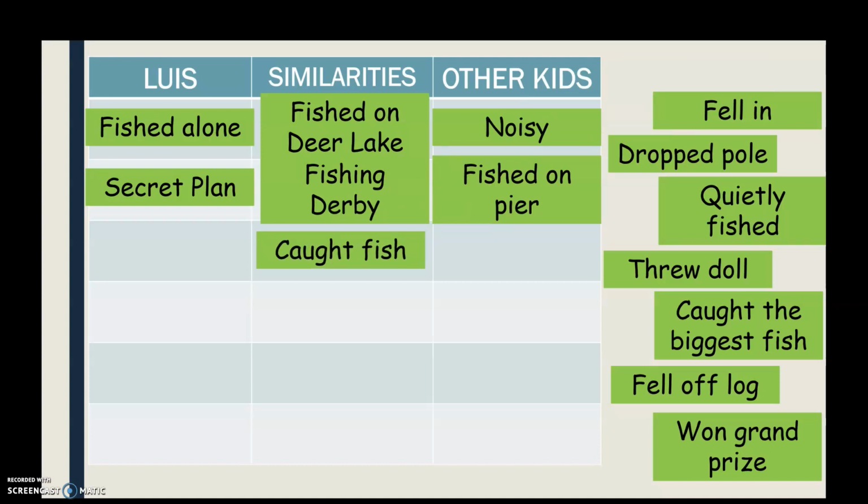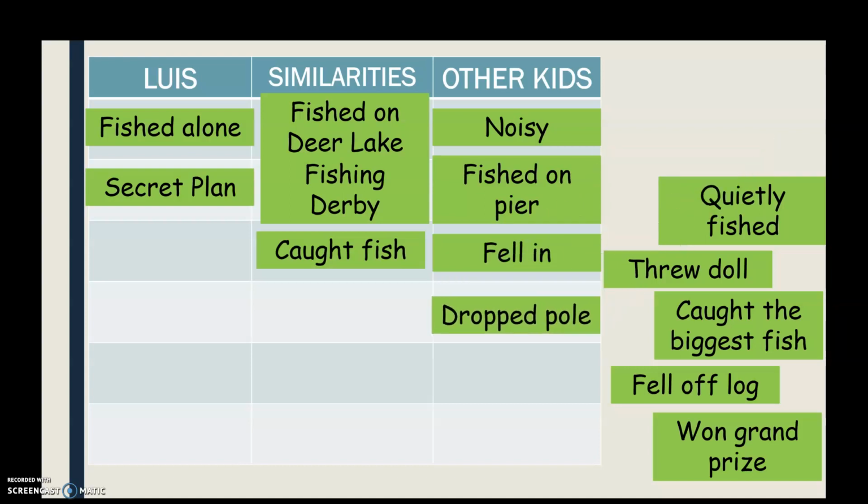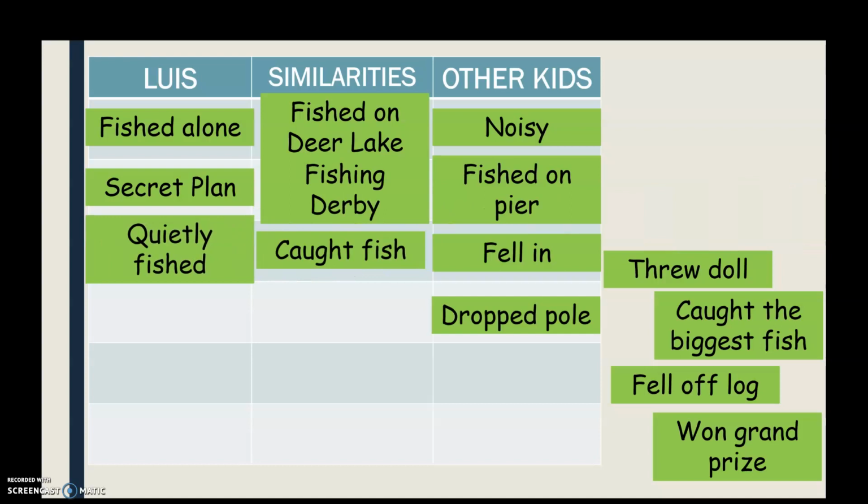Who fell in the water? The other kids did, but not Luis. Who dropped their pole in the water? Yes! The other kids did this as well. And who quietly fished? Absolutely. Luis quietly fished. Who threw a doll?